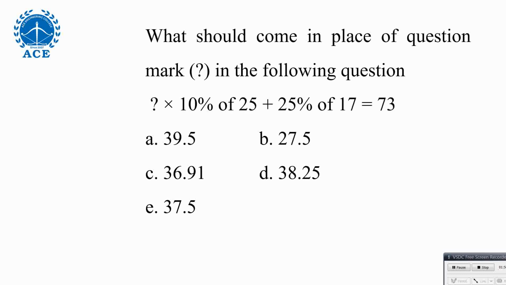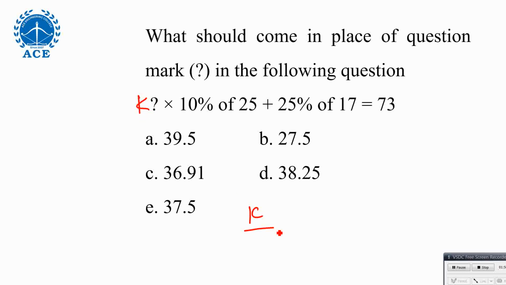This one not discussed. Something into 10% of 25 plus 25% of 70 must be equal to 73. What is the something? 10% means divided by 10. So this unknown, let it be x or k, something k.